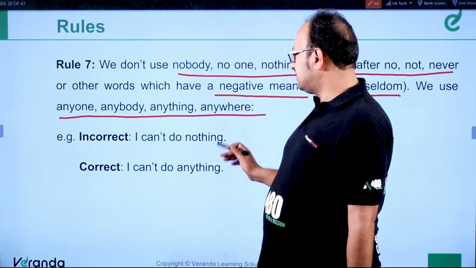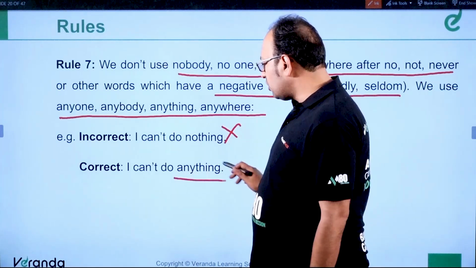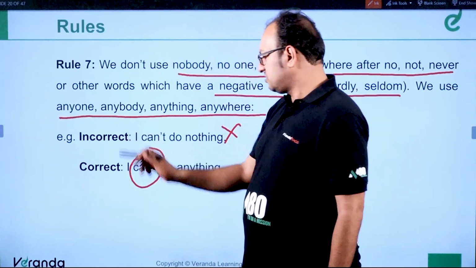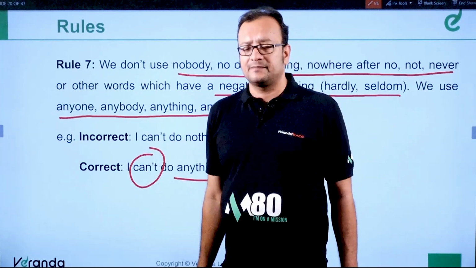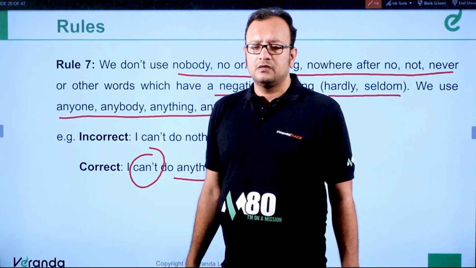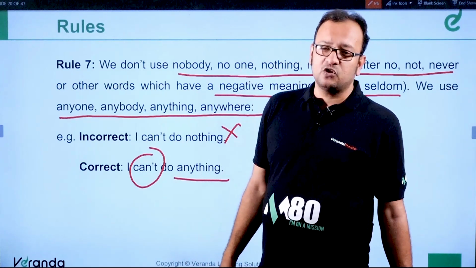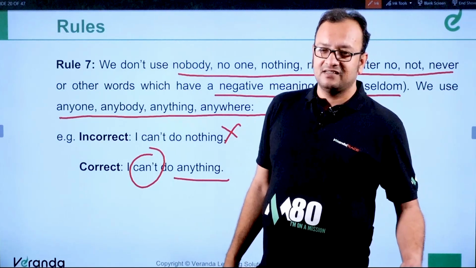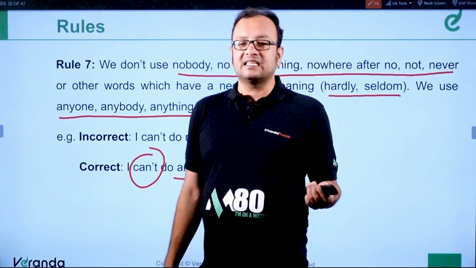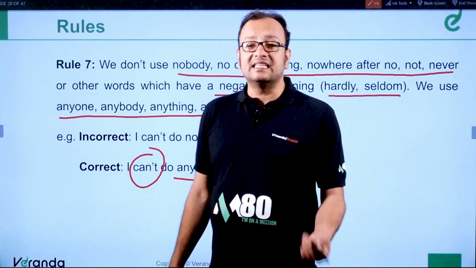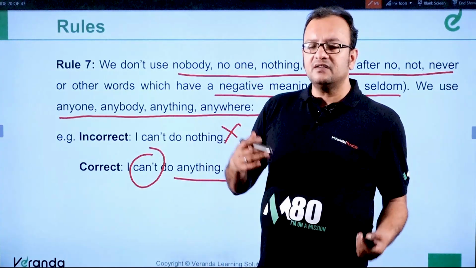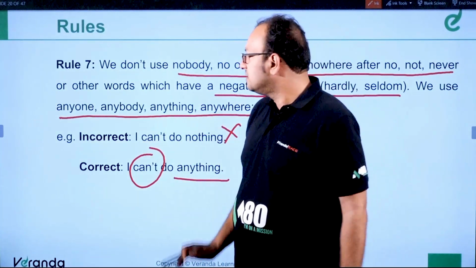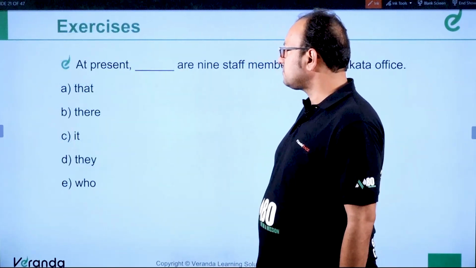I can't do nothing. This is incorrect. I can't do anything, because can't means cannot, so it should be followed by anything. Seldom did he do anything, not seldom did he do nothing. Scarcely had he completed nothing. Scarcely had he completed anything when the rain started. This way. Clear? Okay, moving ahead.